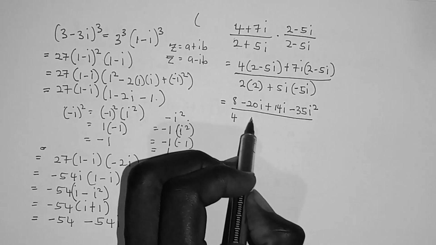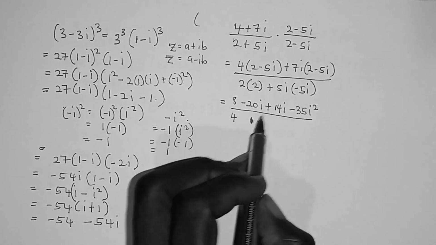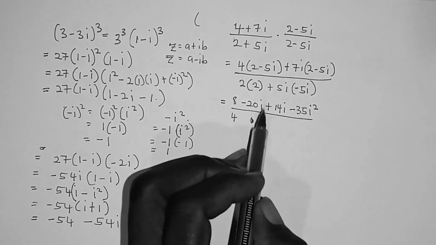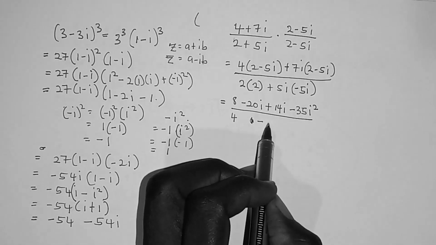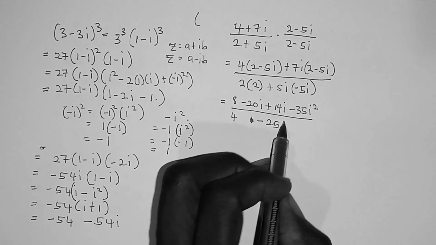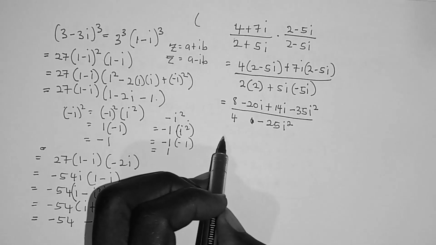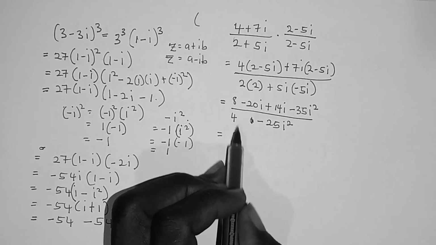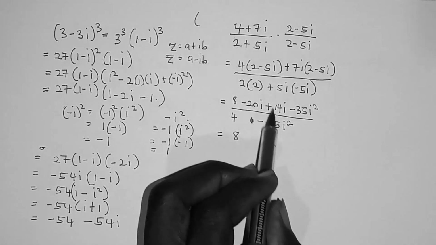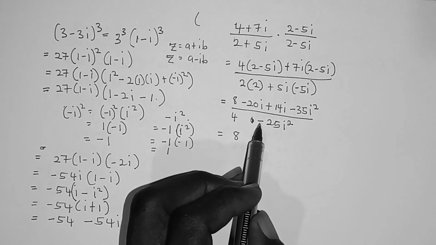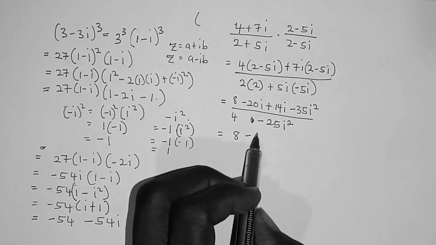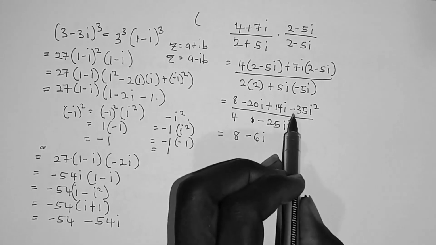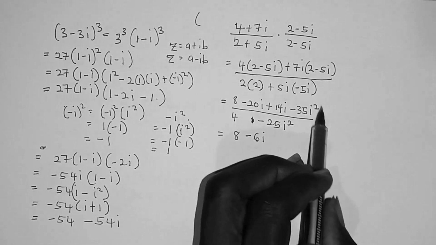Then minus 5i times minus 5i is minus 25i squared. And this is equal to 8. And then minus 20i plus 14i is equal to minus 6i. Then minus 35 times i squared.